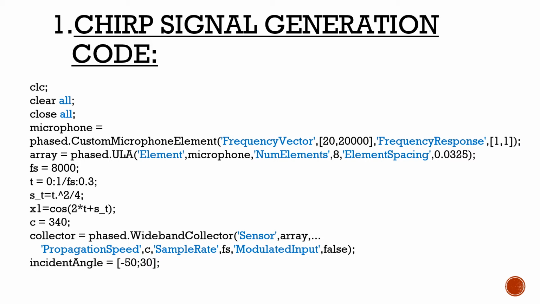The line phased.ULA creates a uniform linear array system object. The default array is a 2-element ULA, but for our purpose we are considering 8 isotropic antenna elements with an element spacing of 0.0325. Since it is in the array format, we require a phased.WidebandCollector with all the above parameters. We took the incident angle as minus 50 degrees and the azimuthal angle as 30 degrees.